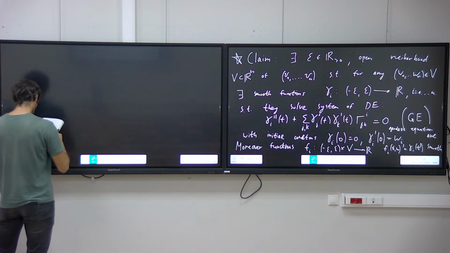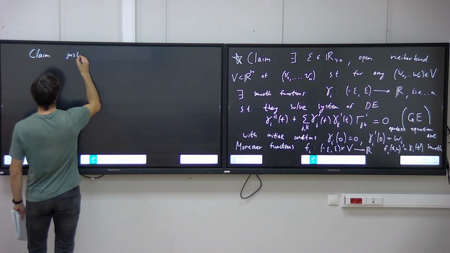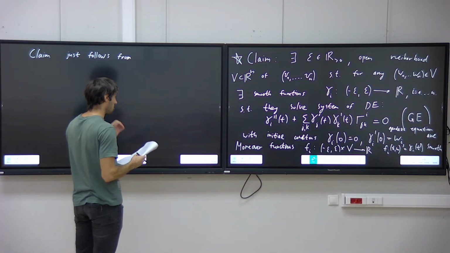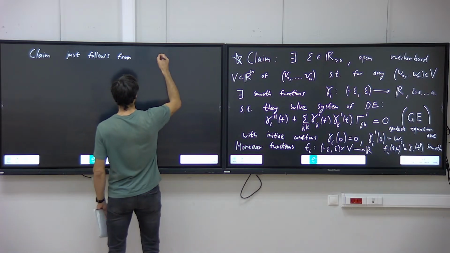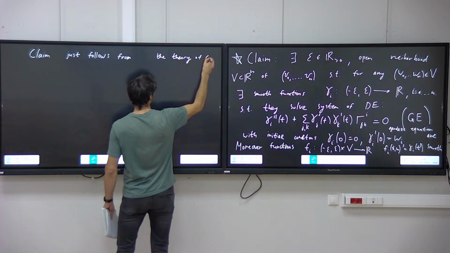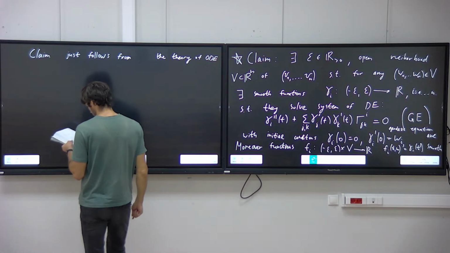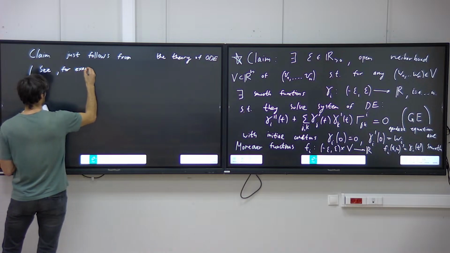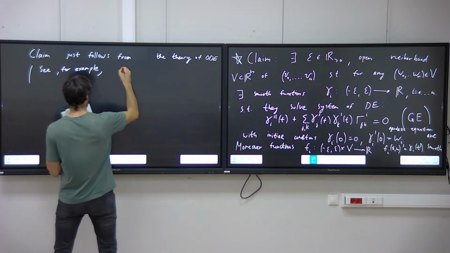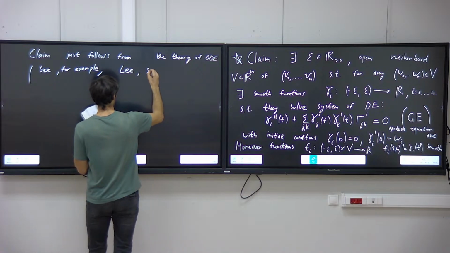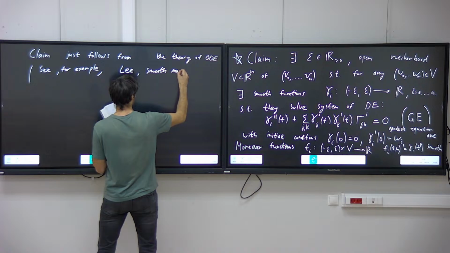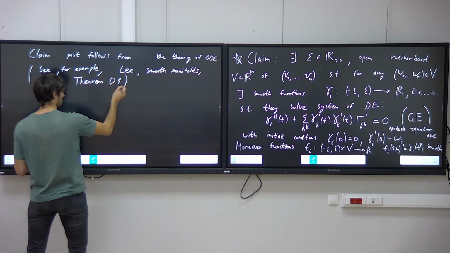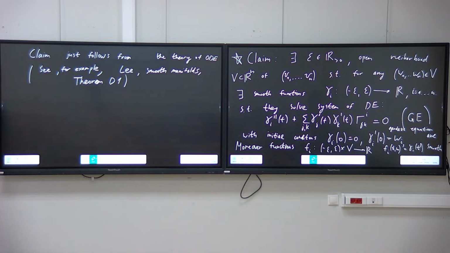So the claim just follows from the theory of ODE, ordinary differential equations. See, for example, Lee, Introduction to Smooth Manifolds, and theorem D1, which is exactly about our case, and it's proven there in all the details.